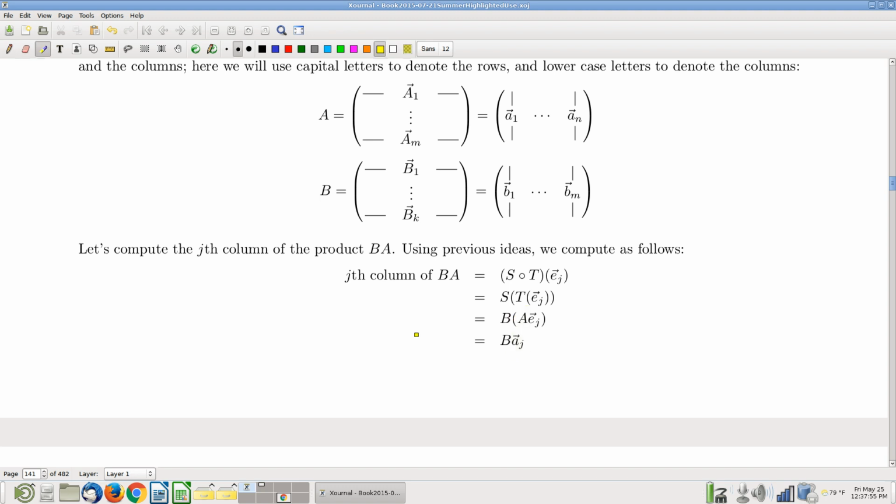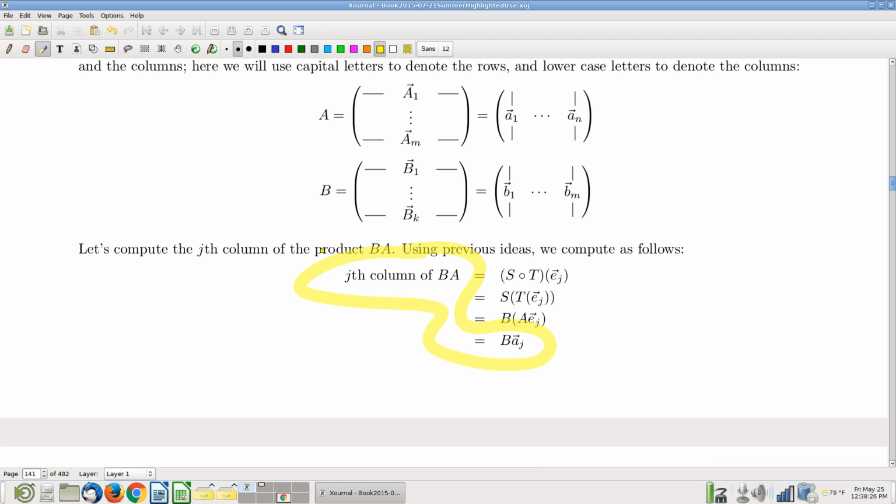So, altogether then, what we've got now is a formula that tells you about the product of two matrices. I'm going to tell you how to multiply B times A in terms of a product that we already know how to do. Only a matrix times a vector. So a column of a product matrix is computed in terms of matrix vector products like this, which of course now we have different points of view on how to multiply a matrix times a vector.